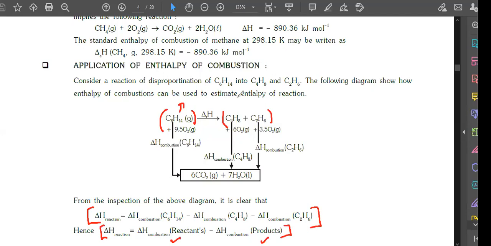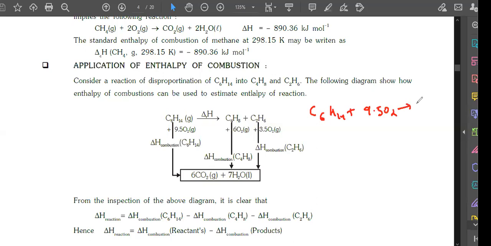So if you see this reaction, C6H14, just write the separate reactions. C6H14 plus 9.5 O2 gives 6 CO2 plus 7 H2O. This is your first reaction.